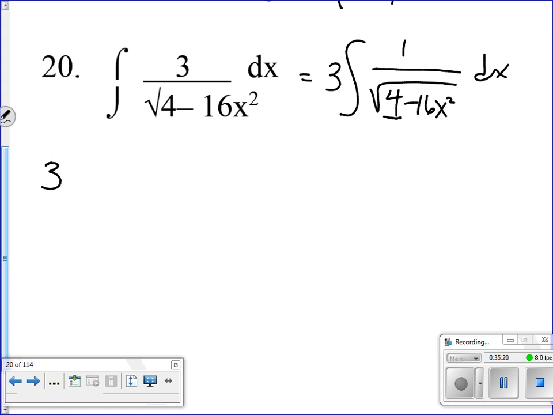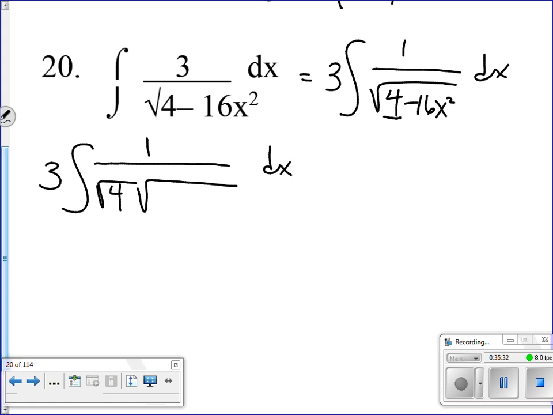So we are going to factor the square root of 4 minus 16x squared. We're going to factor out a square root of 4. And to figure out what the other factor is, if you pulled out a 4 out of the radical, then you need to divide each term by 4. So you have 1 minus 16x squared over 4, which would just be 4x squared.